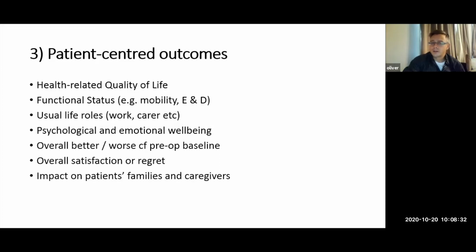Things like their psychological and emotional well-being are obviously an important component of patient-centered recovery. And encapsulating all of these things together, whether they're better or worse than they were before their operations, whether they regret having the operation or whether they're satisfied with the results overall, all of these things play into this whole idea of patient-centered outcomes.